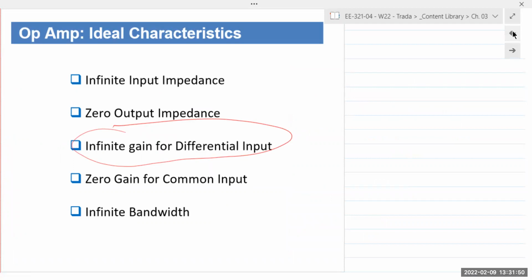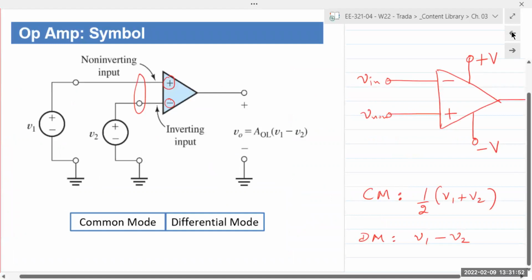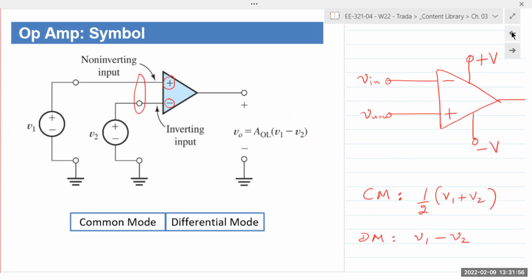So again, using the same example of an instrumentation amplifier or a comparator, if you have noise signals coming in here, those inputs are common to both terminals. And because they're common to both terminals, what the op-amp sees is basically an average of the two. Zero amplification for the noise signal, so it's completely eliminated from your measurement, whereas the difference between the two will be amplified.